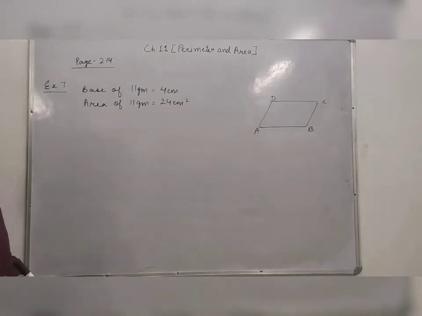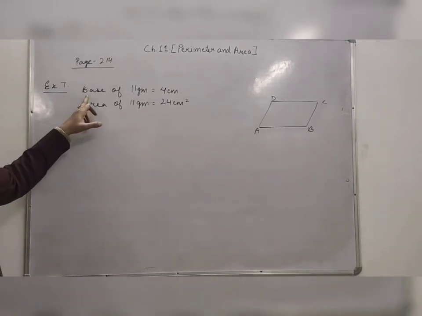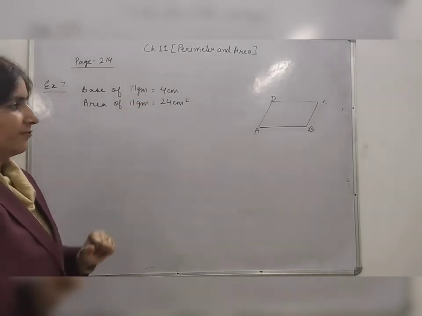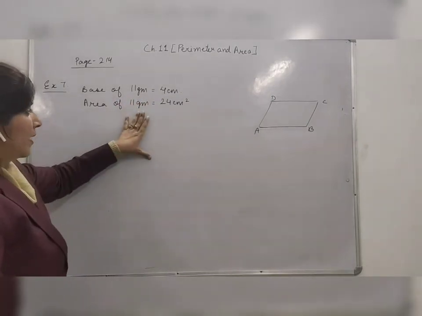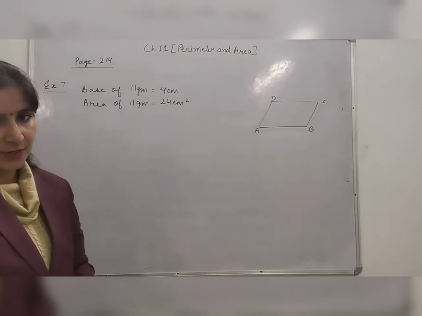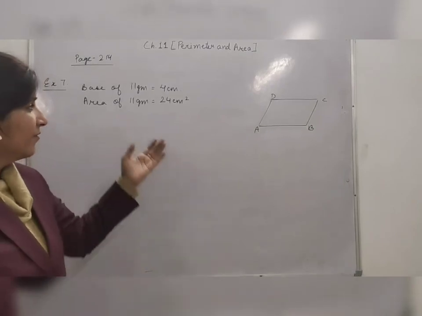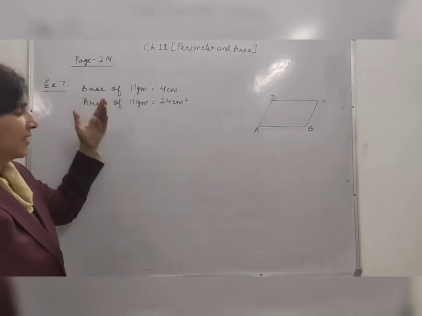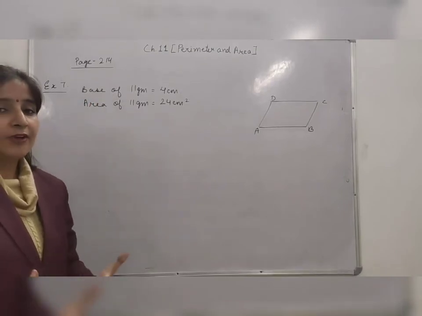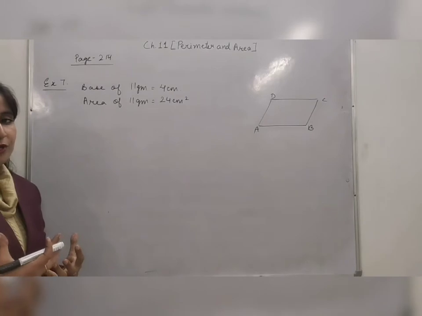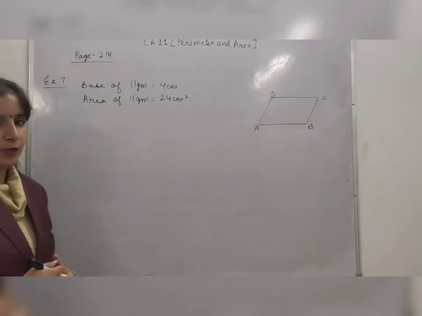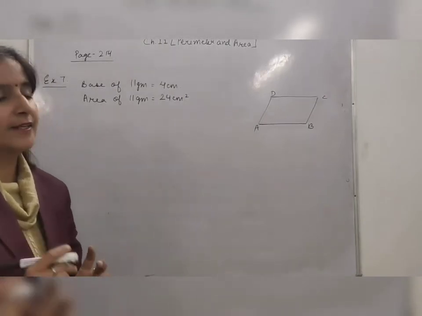Now example number 7, students, in which the base of the parallelogram is given as 4 centimeters and the area of the parallelogram is given as 24 centimeters square, and we need to find the height of the parallelogram. If the area and base are given, we can easily find the height. This type of question we have already done in 11.1 also, but with the rectangle and square.